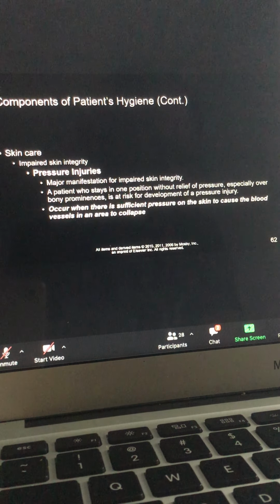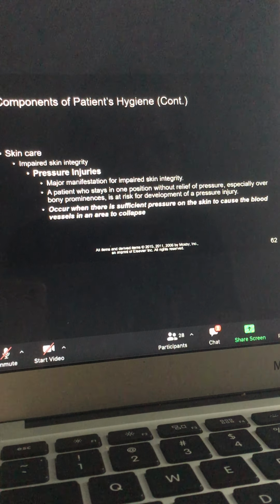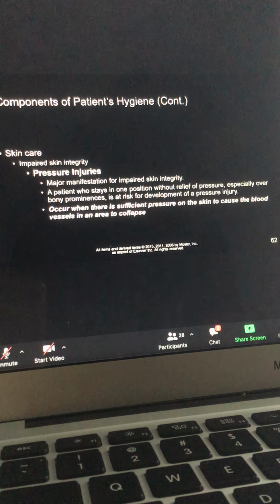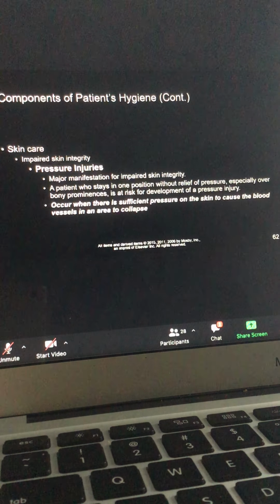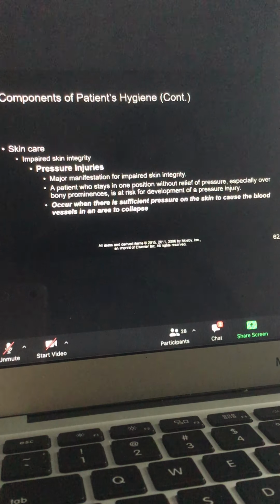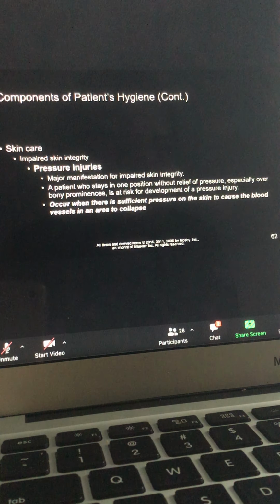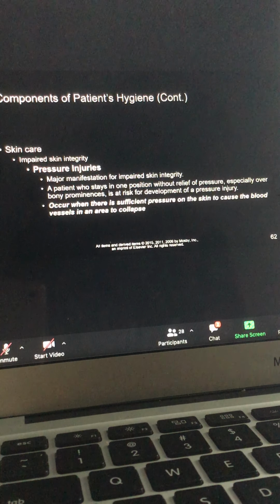All right, so going back to that nursing diagnosis of impaired skin integrity, whether actual or risk for, this is when someone develops a pressure-related injury. This is considered a major manifestation, and most of the problems related to this nursing diagnosis are really pressure-related injuries.